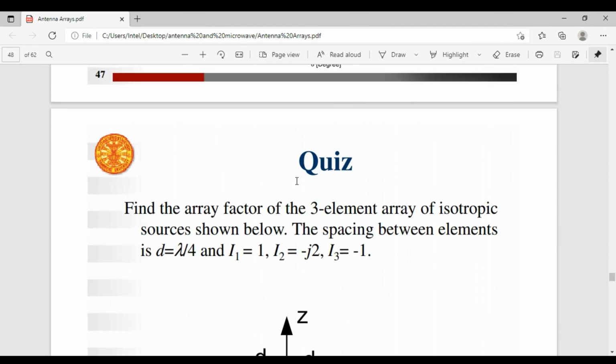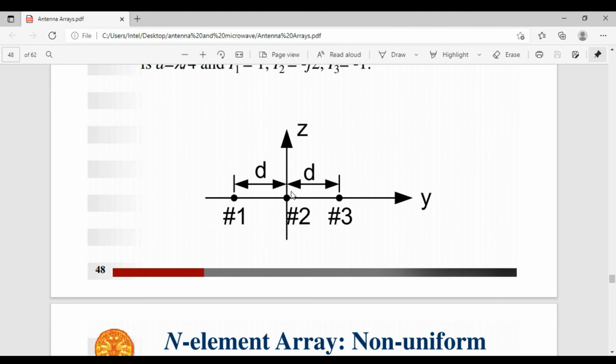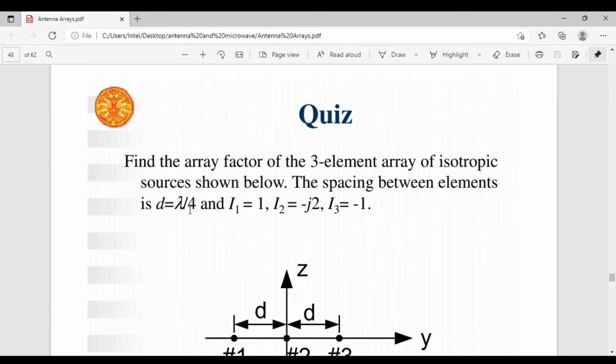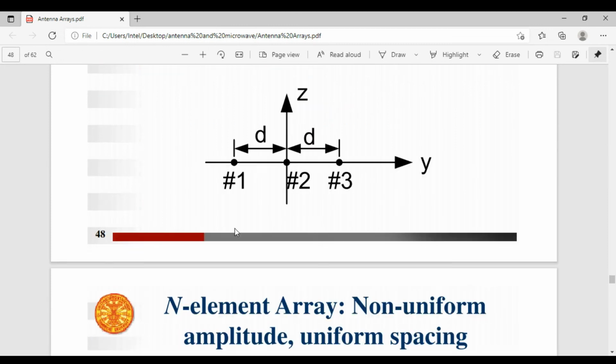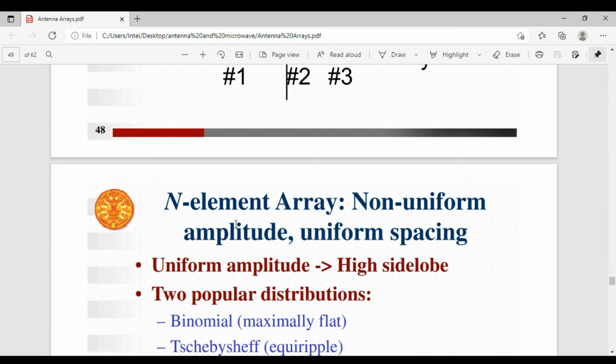Find the array factor of the three elements. Here there are three elements, 1, 2, 3. The values are given: I1 is equal to 1, I2 is equal to minus j2, I3 is equal to minus 1, d is equal to lambda by 4.